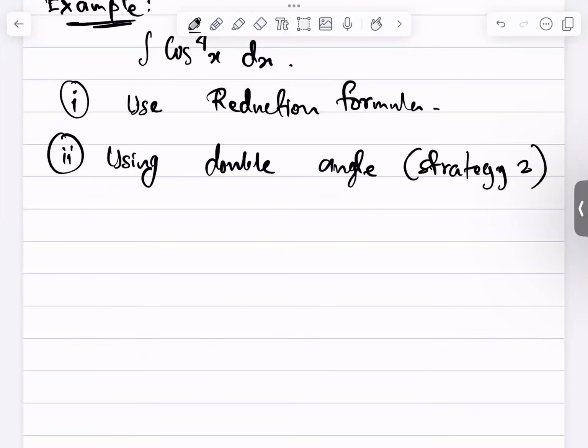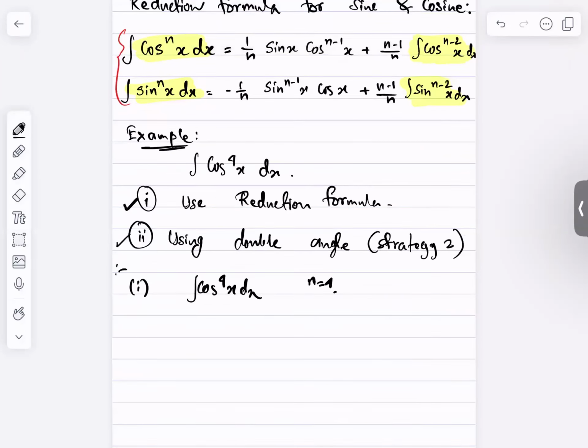So let me do way 1 first. I have cosine to the 4x dx, right? So my n is 4 in this case. Remember, this is my formula for cosine to the nx, the reduction formula.